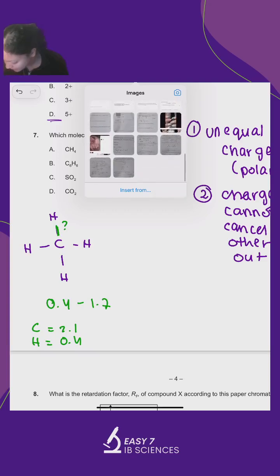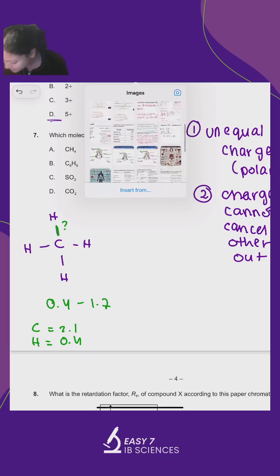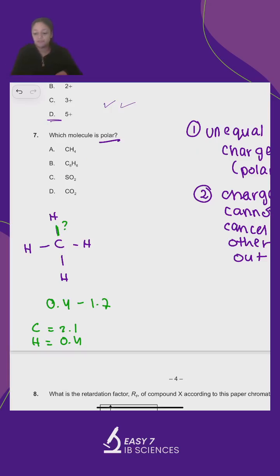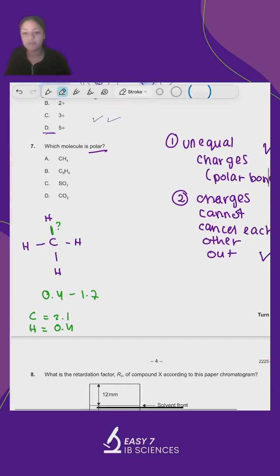I currently don't have one at the moment, but I could look it up on Google. So let's see. Anyone know the electronegativity difference between carbon and hydrogen? Yep, exactly. Someone's put, yep, that's correct. Anyways, it doesn't really matter to solve this question, but basically what you have to do is find the electronegativity in your data booklet.